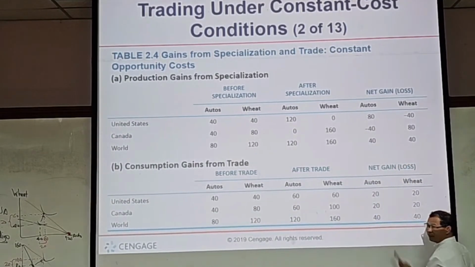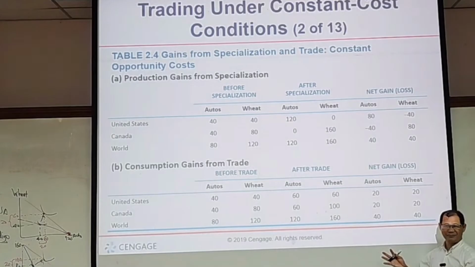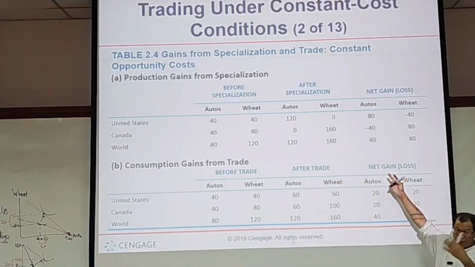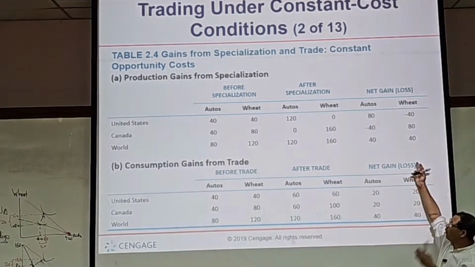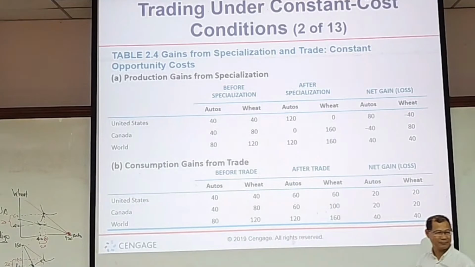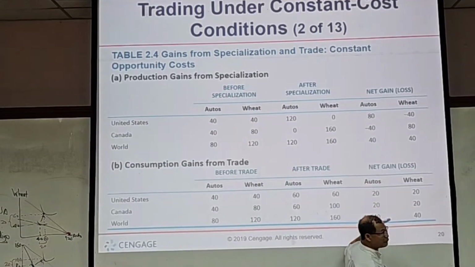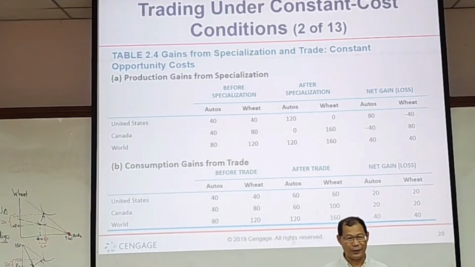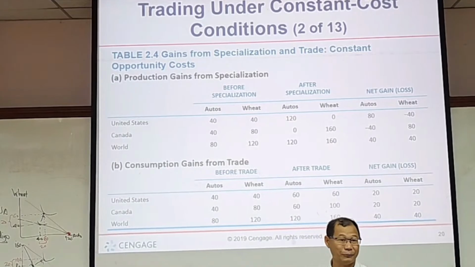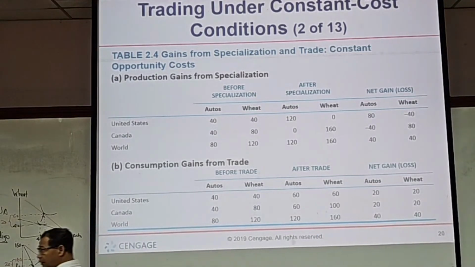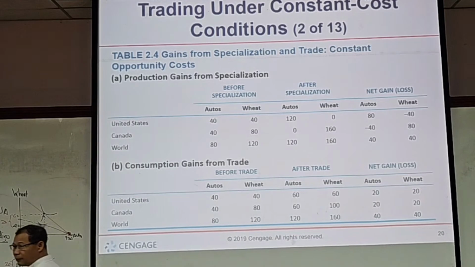You notice that the world doesn't have another 40 produced to gain more. For both countries, consumption points are outside of the production possibilities frontier, because what's available in the world is all consumed.